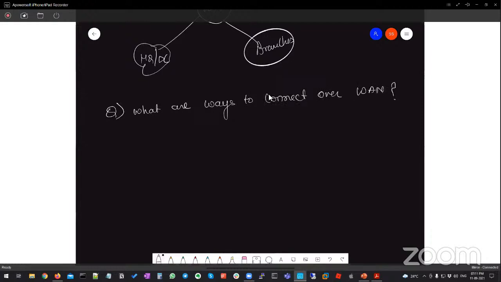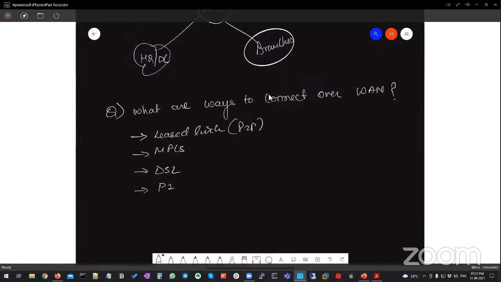VPN, Metro Ethernet, fiber, Ethernet, DSL, cable. Let me write it. Tell me one by one. WAN links: ISP DSL links, cable, MPLS link, Ethernet, lease line, MPLS, internet, DSL, P2P, point to point, lease line.